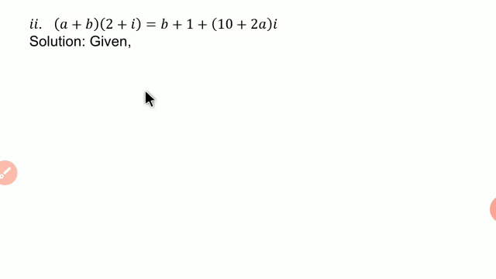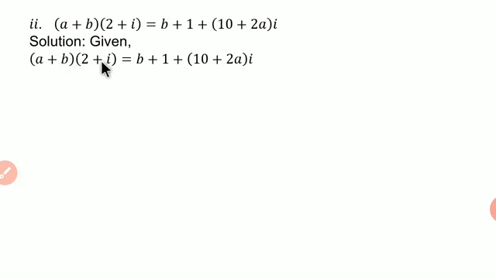See the second example. Under this instruction again we have to find the values of A and B. See the example. A plus B multiplied by 2 plus I is equal to B plus 1 plus 10 plus 2A into I. Solution. Given A plus B into 2 plus I is equal to B plus 1 plus 10 plus 2A into I. Now first here in the LHS we open the bracket.